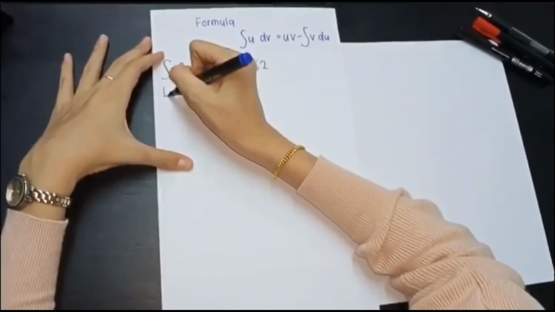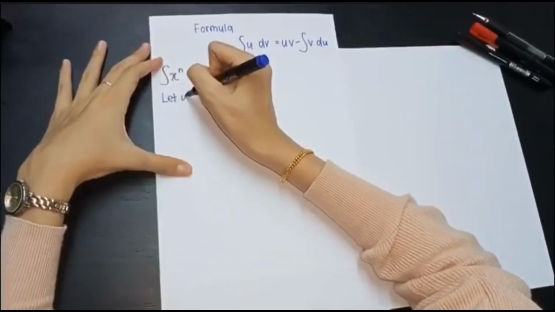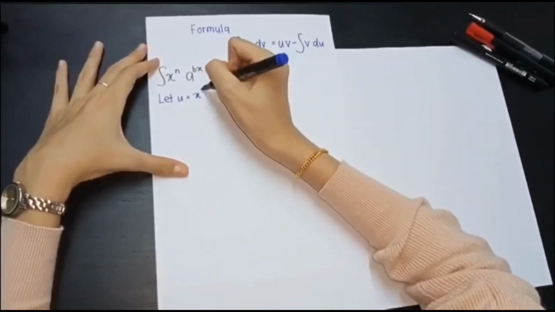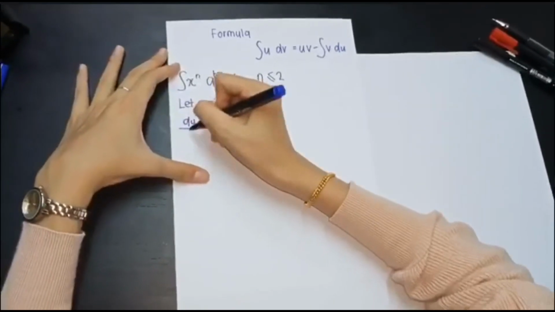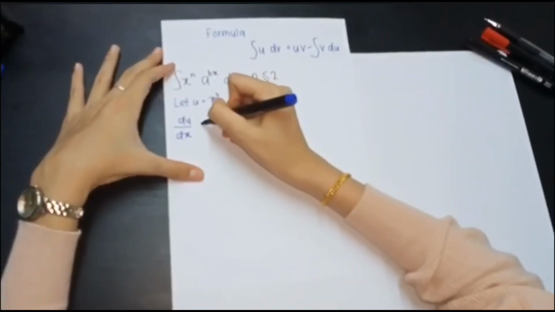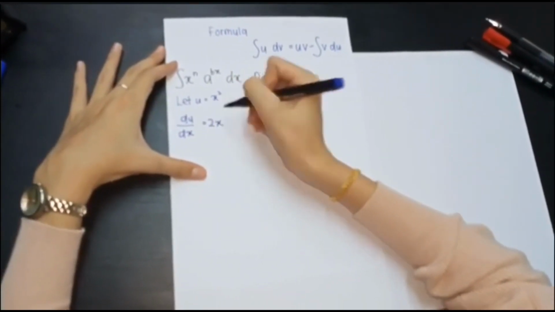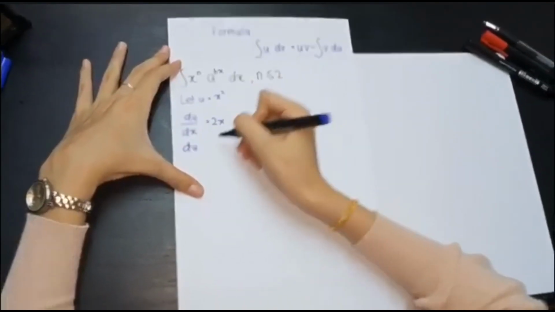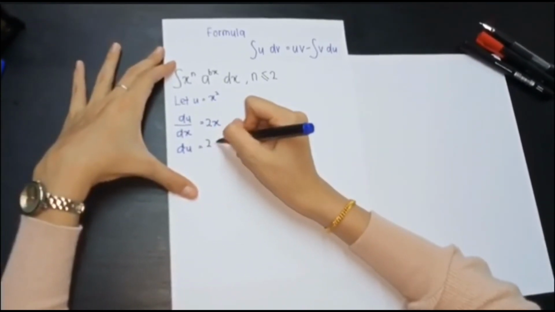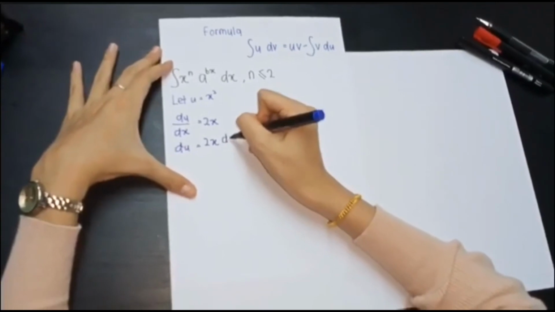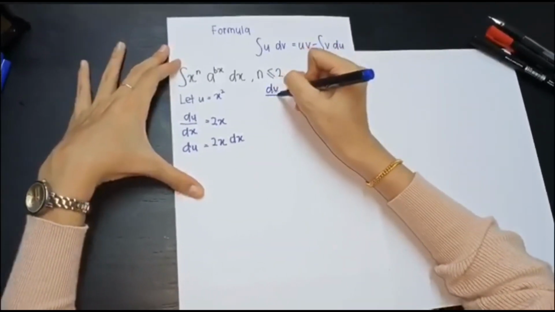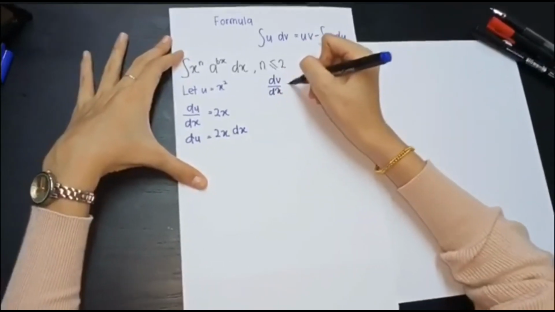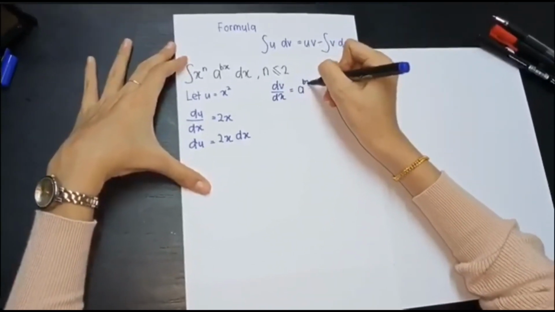So let u be x squared, where our n is 2, and then we find the du dx is 2x. So our du is 2x dx. So we're gonna find the next one, dv dx is a to the power of bx.